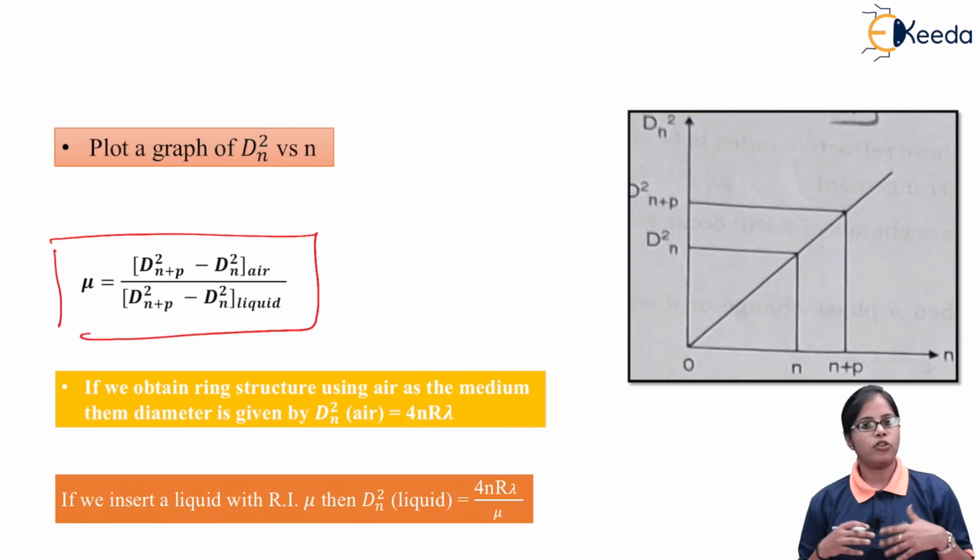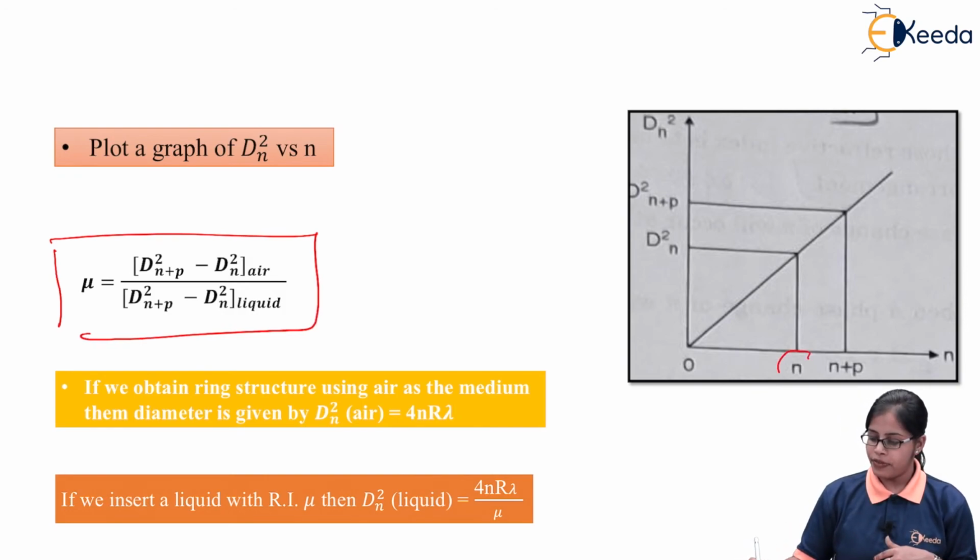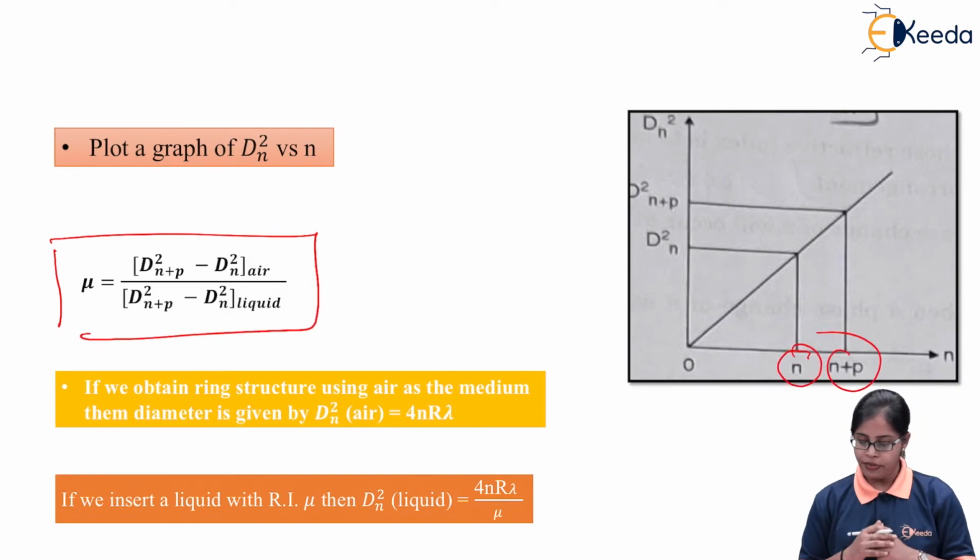We can also draw the graph of the diameters of the different rings which we have considered, that is the nth dark ring and the n plus pth dark ring. So accordingly we have written the diameters in the graph.